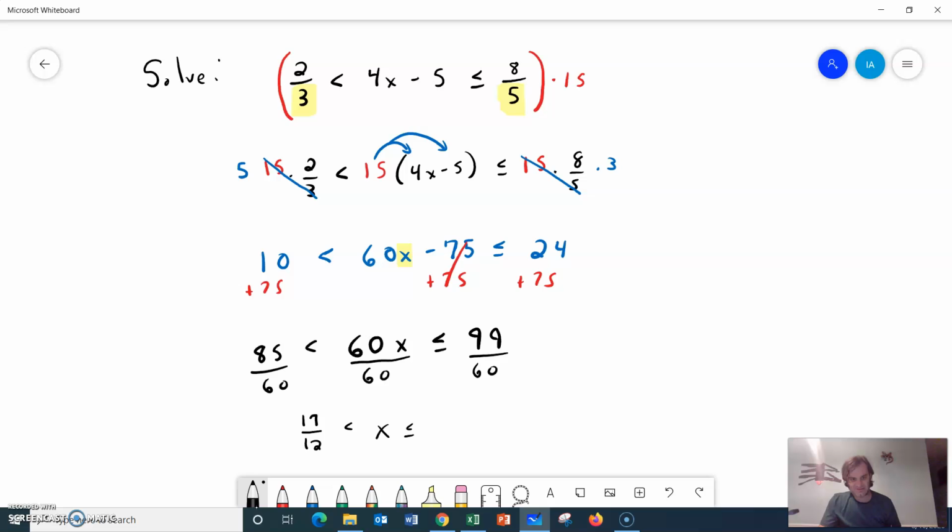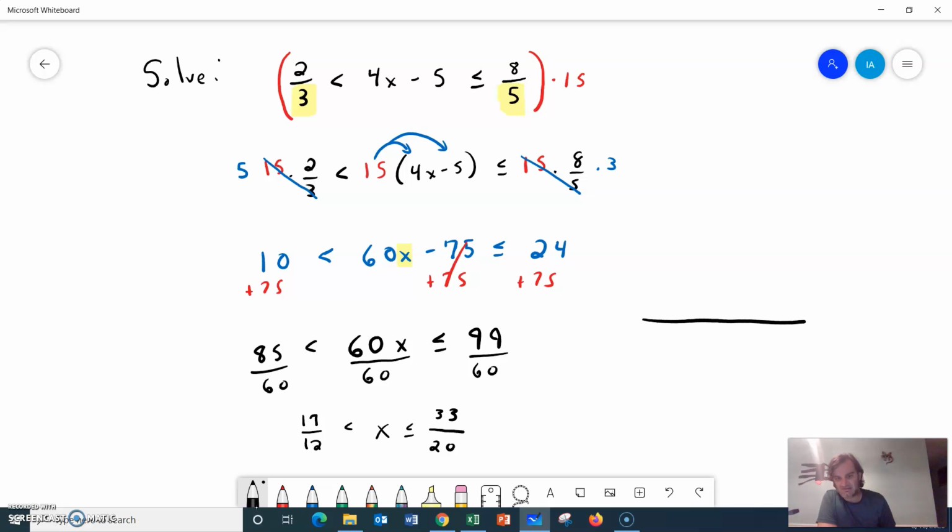So 17/12 is less than x, which is less than or equal to, and I know 99 and 60 are both divisible by 3, so that could be 33 over 20. Even if you don't reduce, you should get something similar. So I have 17/12 less than x, less than or equal to 33/20.